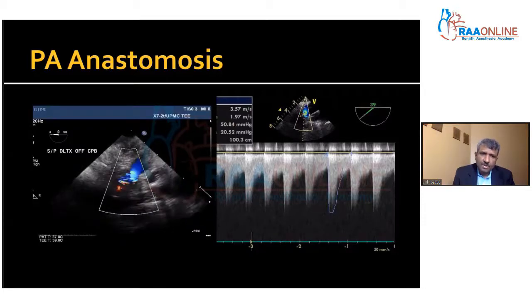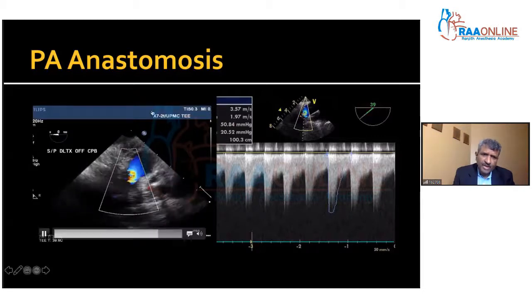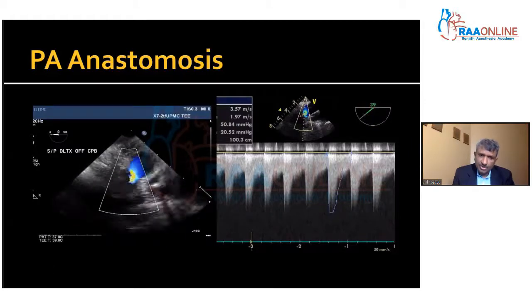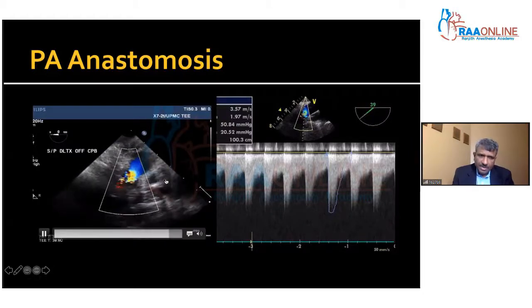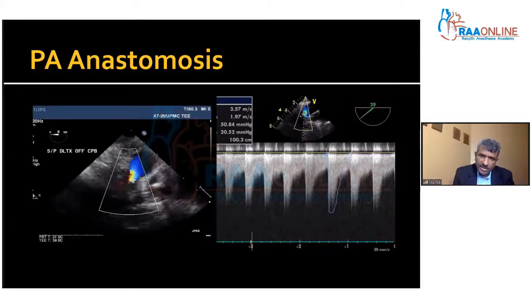It is not always possible to use continuous wave Doppler or pulmonary pulse wave Doppler to evaluate pulmonary artery gradients or pulmonary artery stenosis, because the placement of the pulmonary artery is horizontal.